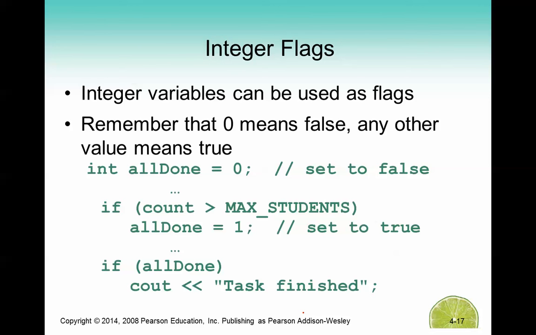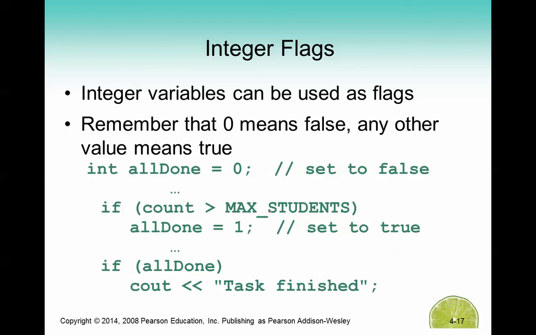Integer variables: any integer value variable can be used as a flag. Remember that 0 means false, any other value means true. So here's again an example. We have here int all done set to 0, which is false. And I'm going to ask here, count. Count is a variable, and we already gave some value to it. The same thing as maximum students.